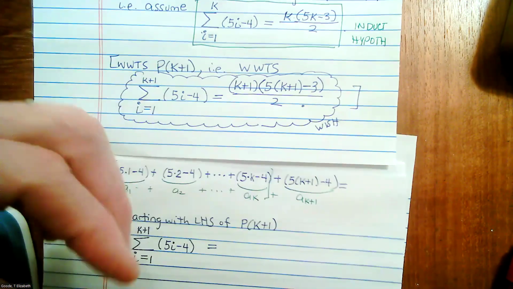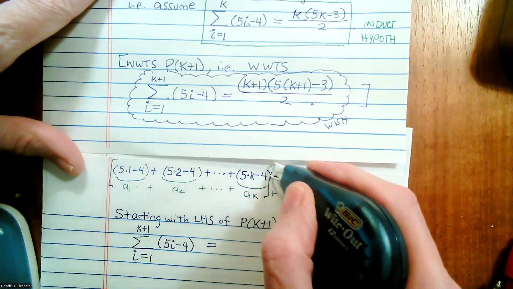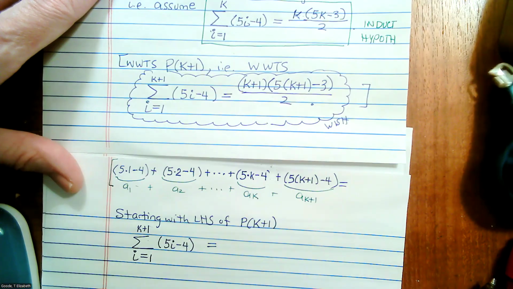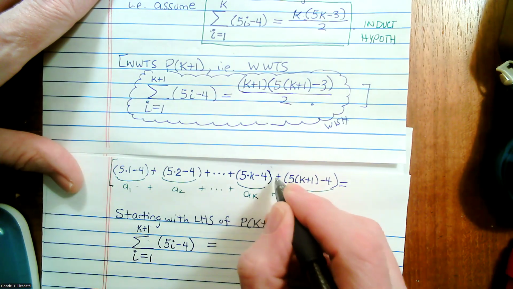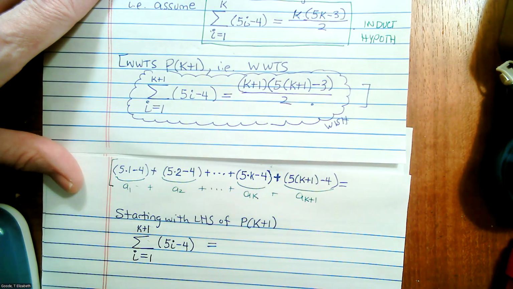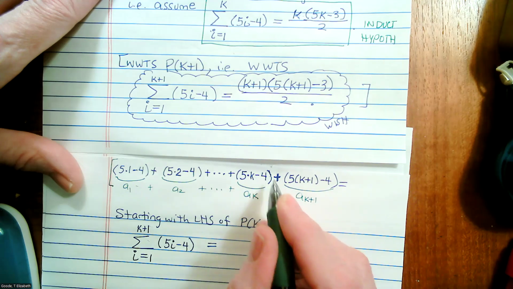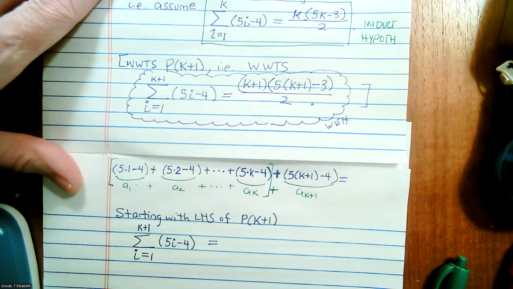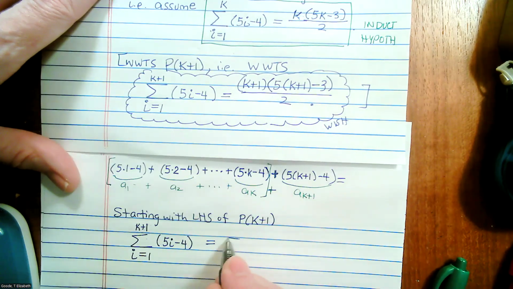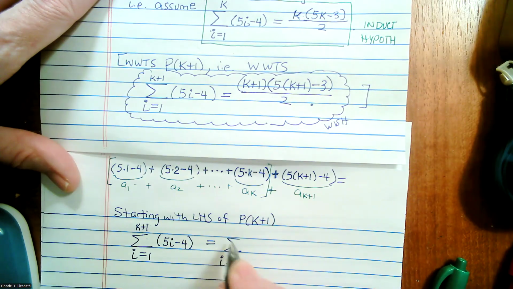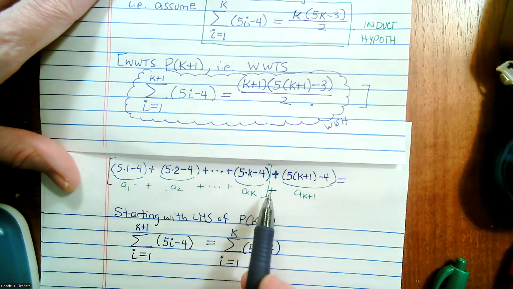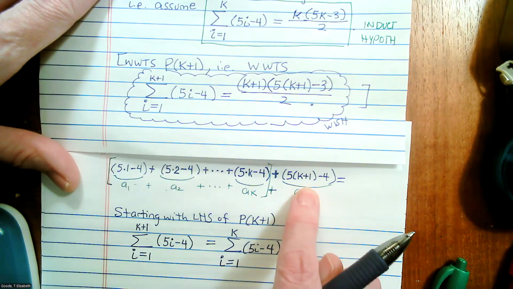So right now, we can milk that by breaking off the last term of this sum. This k plus first term doesn't have to be rolled in with these. We can split this one off. This is the sum from i equals 1 to k of ai, but ai is 5i minus 4. You see, that's the expression for a sub i, plus this broken off term.